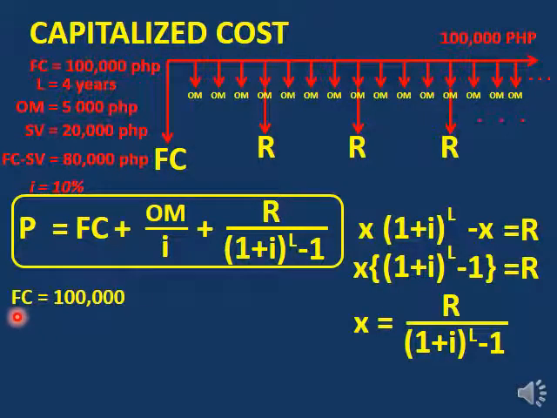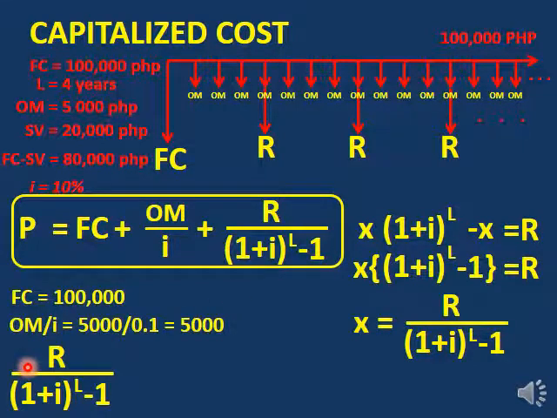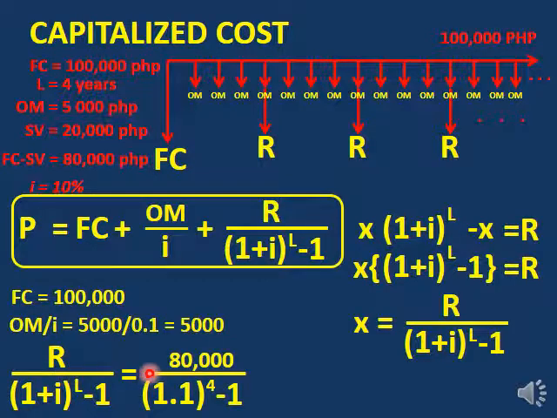As for example, if the first cost is 100,000 pesos, then the operating maintenance, as we have computed, is 5,000. If we divide it by 0.1, which is the interest rate, we will get 50,000 pesos. That's why the amount deposited on the second bank is 50,000 pesos. Now, to compute for the money required for the recurring cost, we have this formula, and this is equal to 80,000 pesos, the amount of money required to purchase a new machine, because we have sold the machine for 20,000, so meaning we only need 80,000.